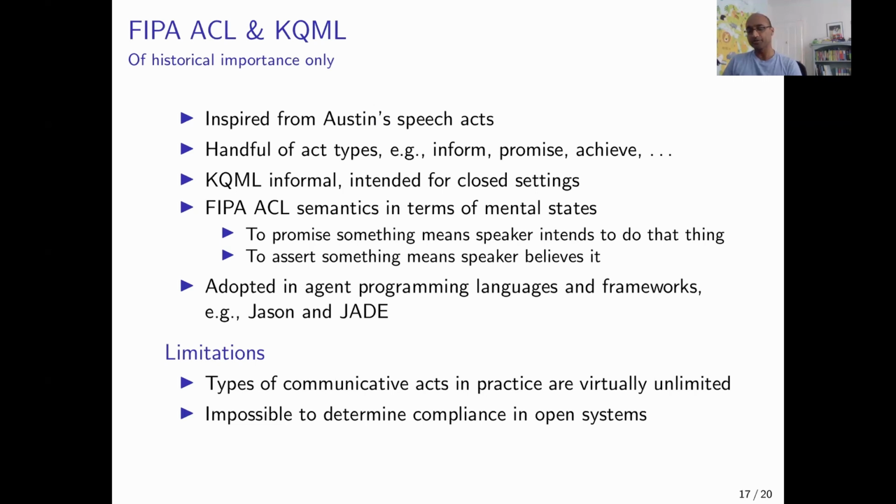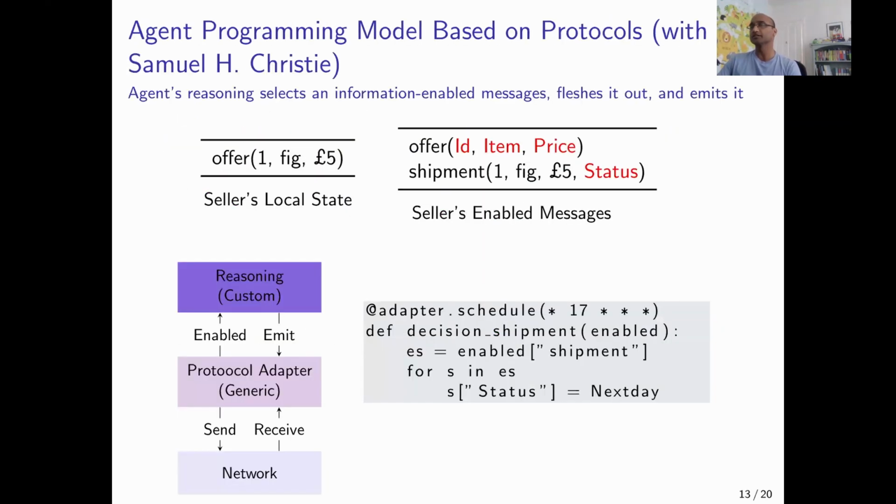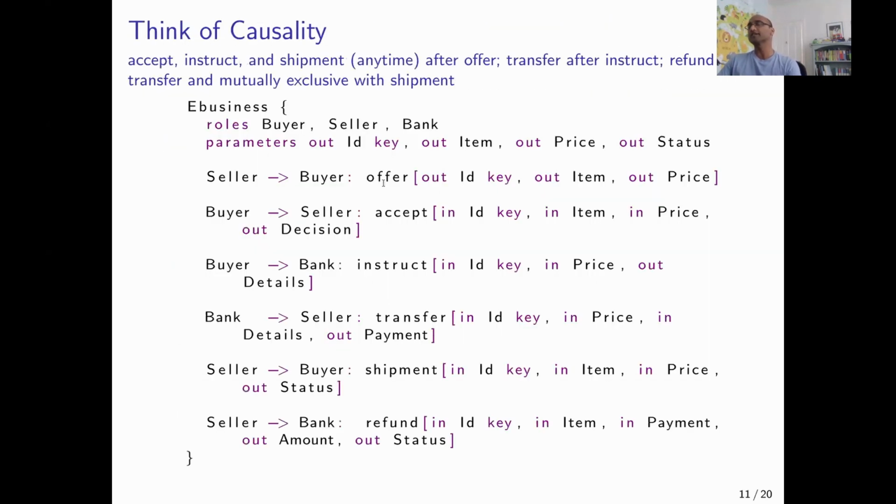The types of communicative acts in practice are virtually unlimited. If you think about the protocol I showed earlier, all of these are communicative acts: offer, accept, instruct, transfer, shipment, refund. In other domains, there will be other kinds of communicative acts.